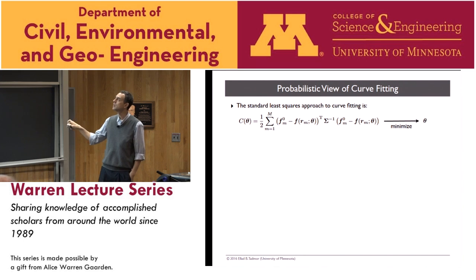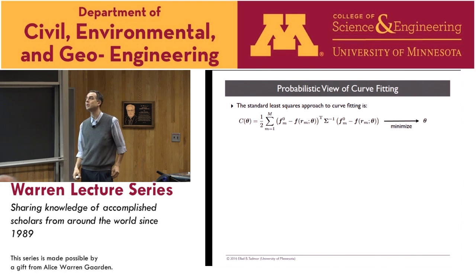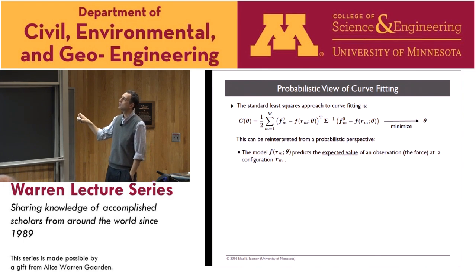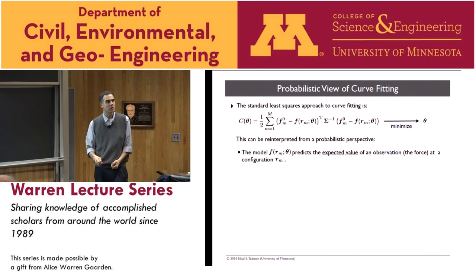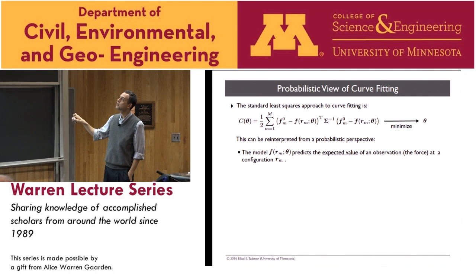Instead of that, you can use a probability theory type of understanding of this. So if you think of this function F_m of theta as predicting the expected value of an observation. If you were going to make an observation, measure the force, like in the DFT calculation, the model predicts what would be the expected value, because every observation you have has some noise associated with it.